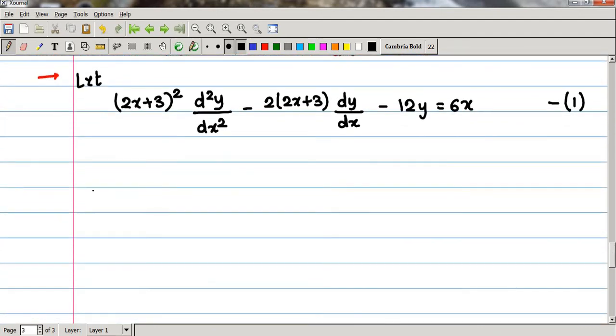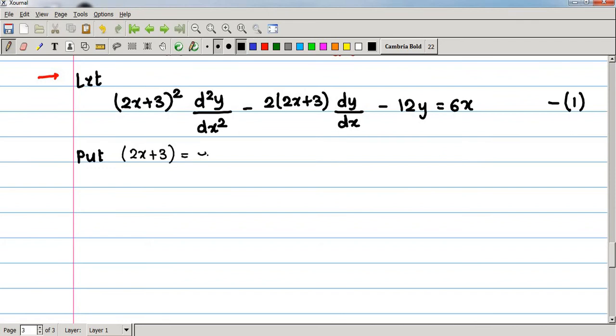Now, by using the standard method of solving, we substitute the variable coefficient 2x+3 = e^z, that is, z = log(2x+3).